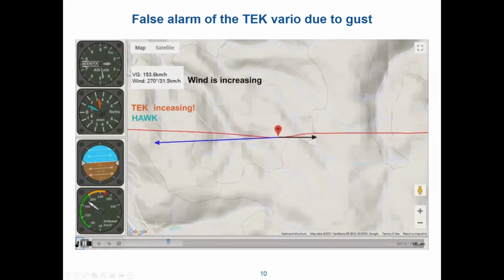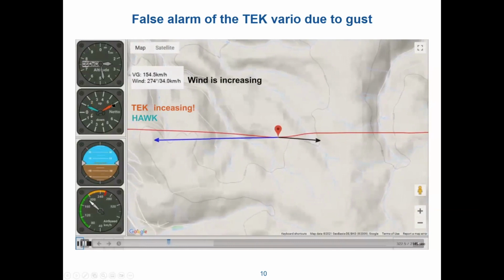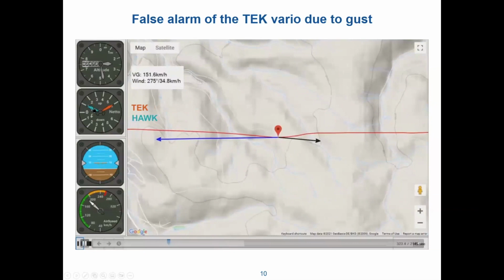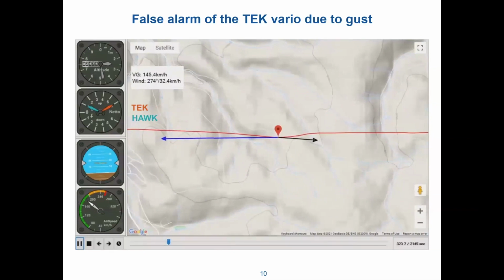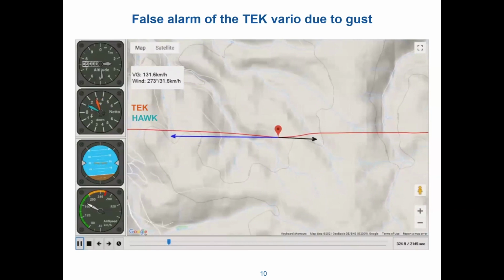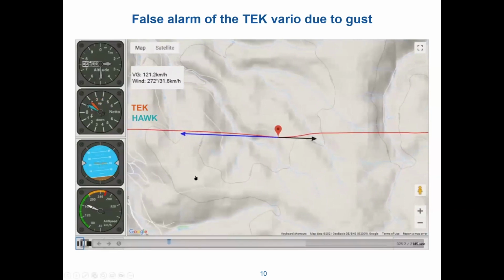Okay, here. The Hawk does not respond. And the altitude does not respond. So this is very important.